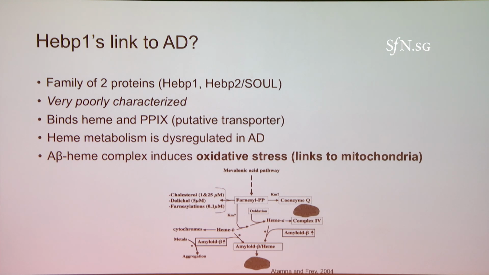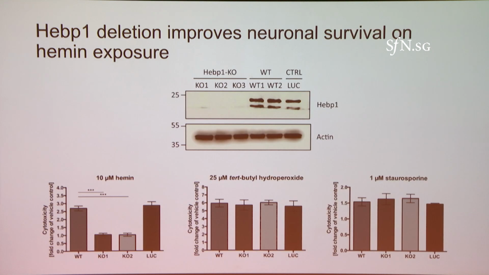So I'm going to go very quickly now, sorry. So we looked at what happens in neurons with or without HEBP1. We could knock this out with CRISPR, and you can see that if we expose this to hemin, which is a surrogate for heme, there's increased cytotoxicity in wild-type neurons, but not so much in HEBP1 knockout neurons, indicating that it's specific to exposure to heme.